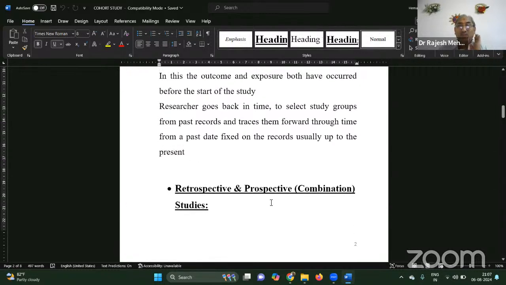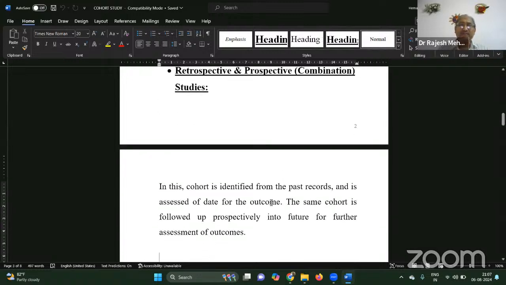The researcher goes back in time to select the study groups from past records. It is tedious, but we need to do it meticulously. And if we combine, we go back and also follow them up in the future. That is a retrospective cum prospective study.